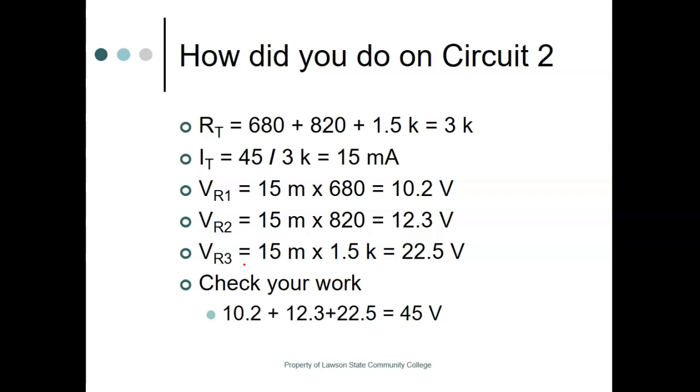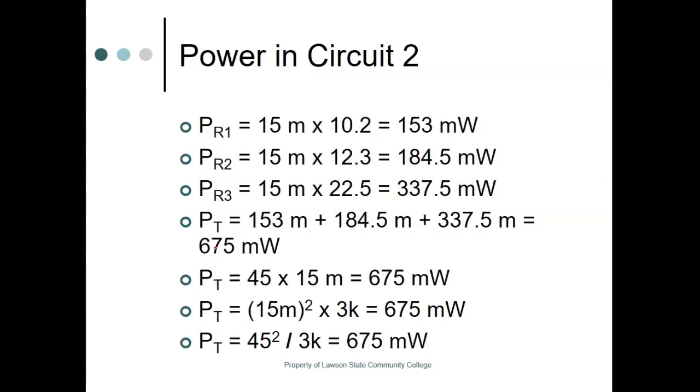R1, R2, and R3 gave us 10.2, 12.3, and 22.5 volts in and of themselves. Checking your work, you add 10.2, 12.3, and 22.5 together, you get 45 volts. To find power, you multiply your voltage times your current.